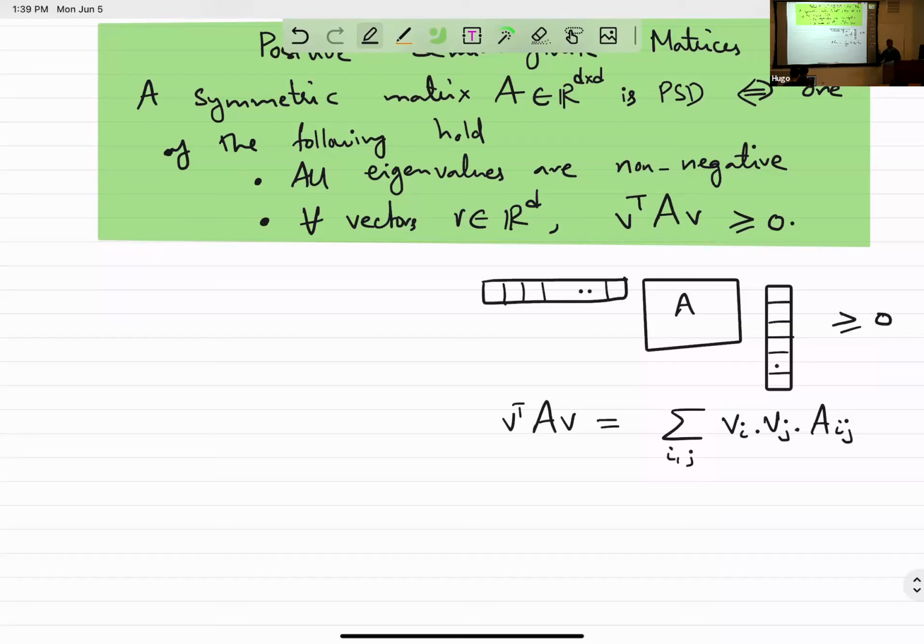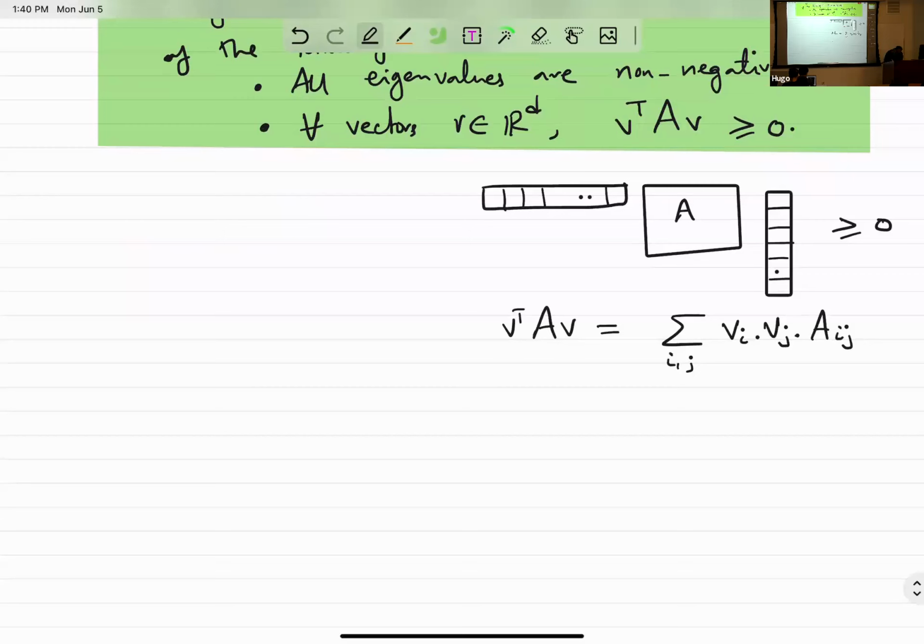Any questions about the definition? Okay, so let's play around with this definition a little bit, and next class we'll see how to use it.